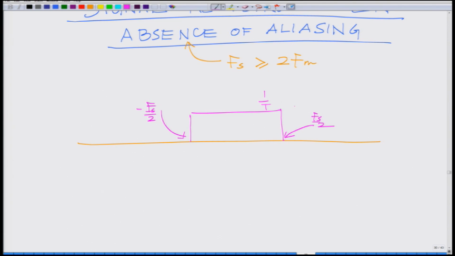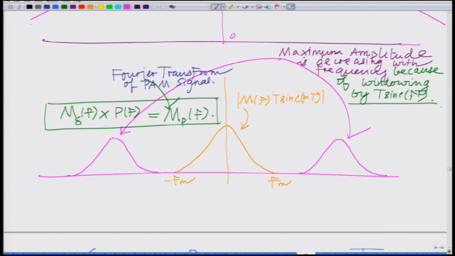And you have to adjust for the scaling, which is basically 1 over Fs, so you have to multiply by Ts. And by the way, the expression for this is basically your M delta f times P of f.